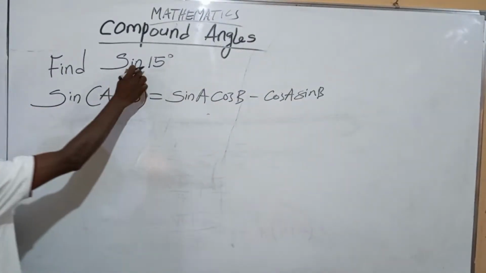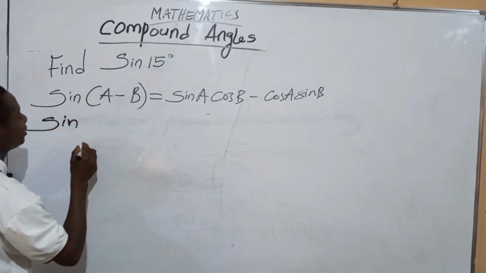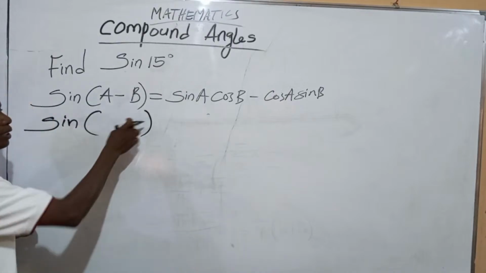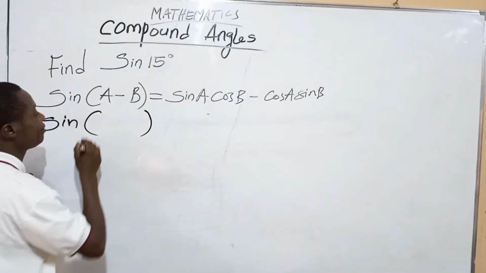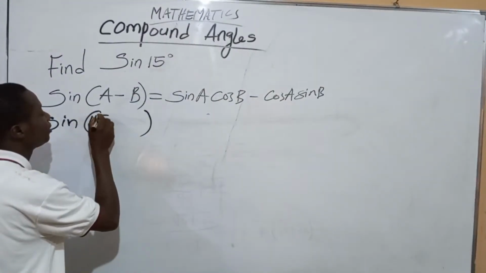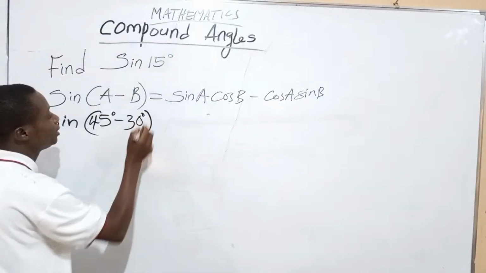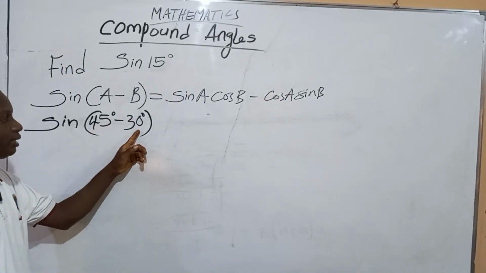Okay. Now, what it means is that we are going to have sine. Then remember, we need two special angles. So what we are going to have here is 45 minus 30 degrees. Initially, it was 45 plus 30 degrees, right?